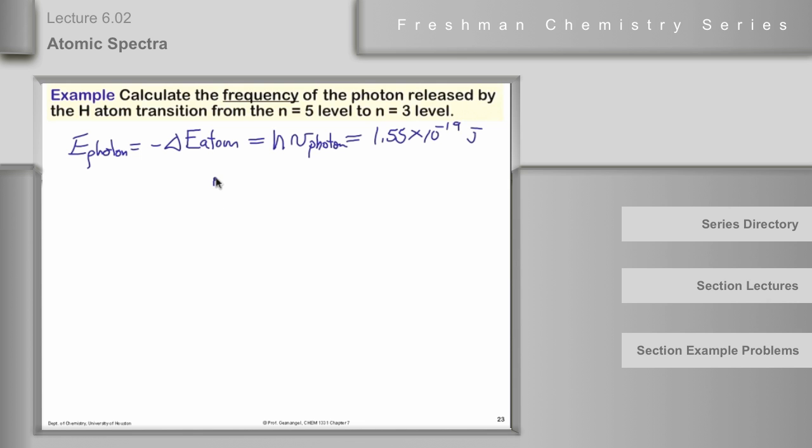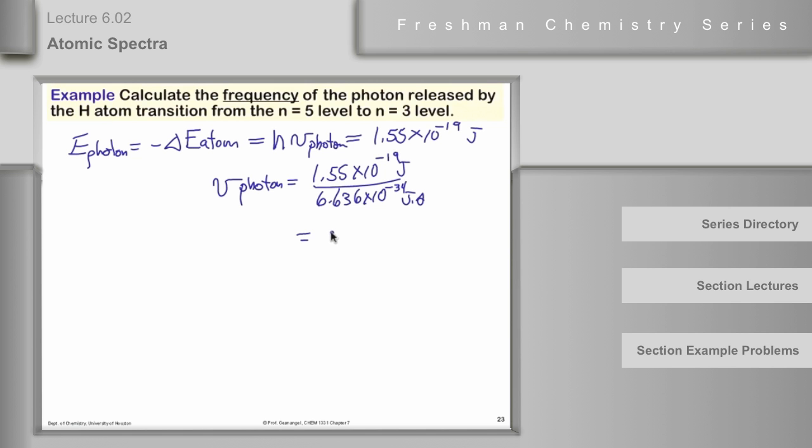So, solving for nu of the photon, in this case, is going to be equal to E of the photon over h. So this is 1.55 times 10 to the minus 19th joules over 6.626 times 10 to the minus 34 joule seconds. Plug all that into the calculator.